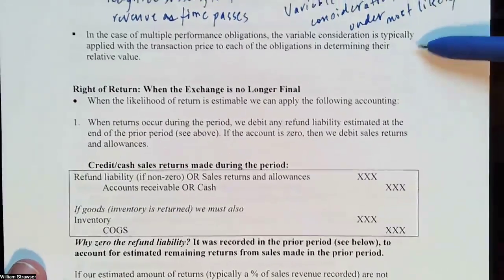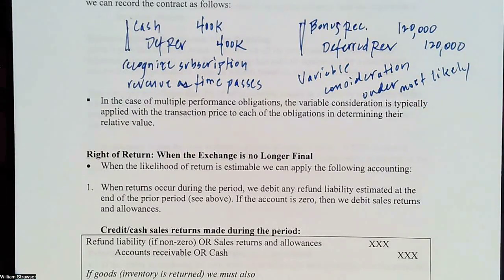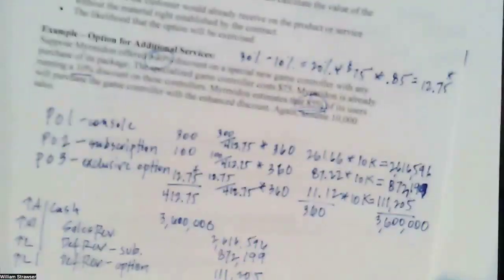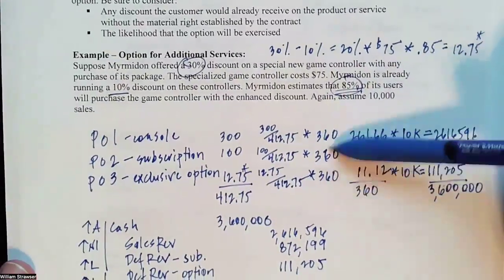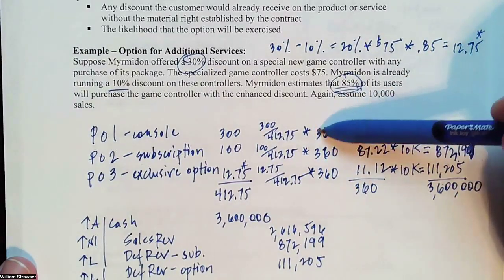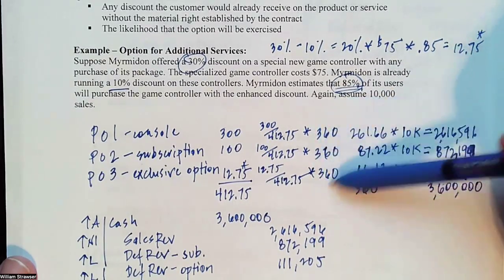And so in the case of multiple performance obligations, the variable consideration is typically applied with the transaction price to each of the obligations in determining their relative value. All right, so that's to say, if we were doing something more along the lines of what we saw before with the controller, with the option as well, then what that little note is saying is that really what we'd probably want to adjust instead is this $360 transaction price.